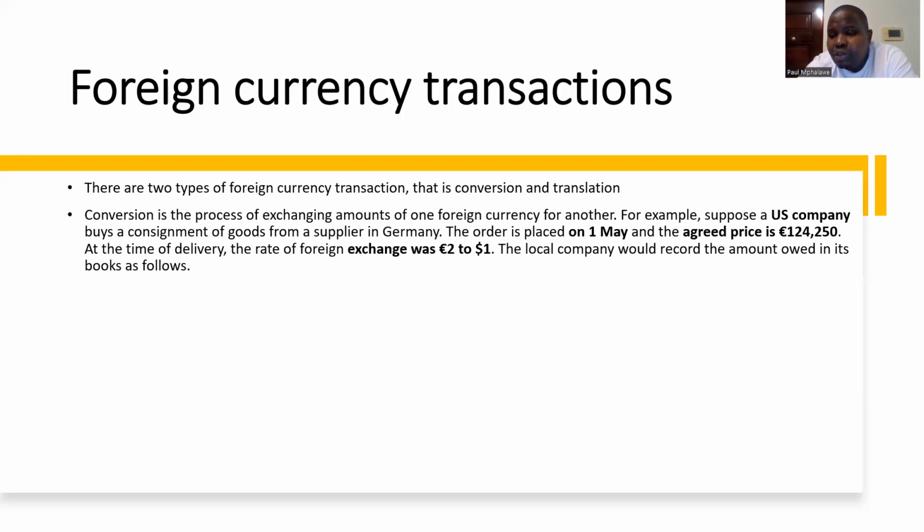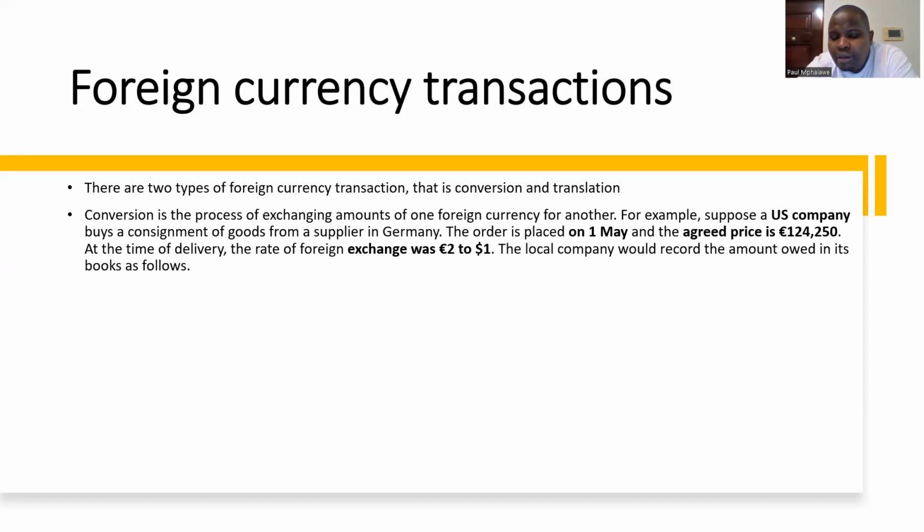For example, suppose a US company buys a consignment of goods from a supplier in Germany. The order is placed on 1 May at the agreed price of 124,250 euros. At the time of delivery, the rate of foreign exchange was €2 to $1.